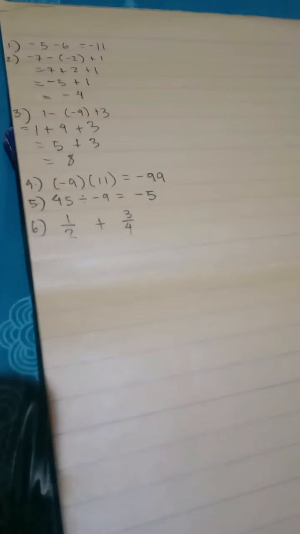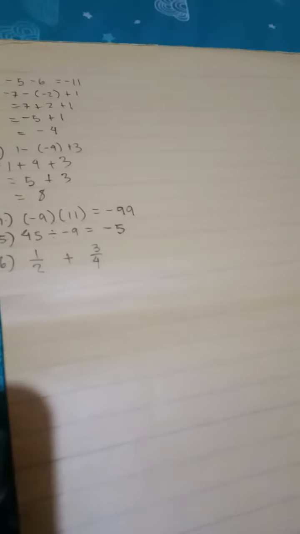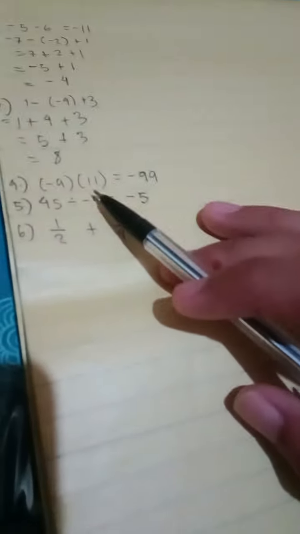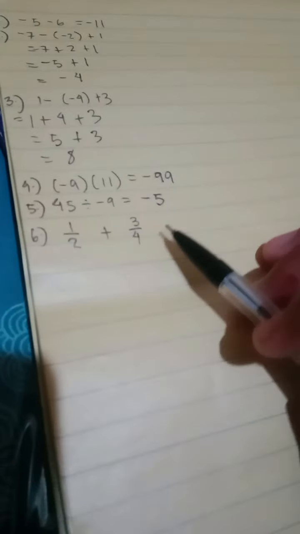We have 1/2 plus 3/4. The common multiple of 2 and 4 is 4. So convert 1/2 and 3/4 to fractions with denominator 4.